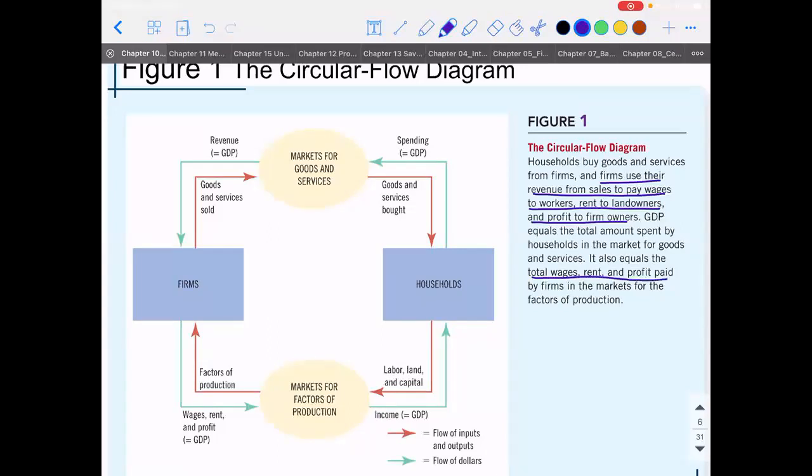Total wages, rent, and profit paid by firms in markets equals what was used by the households to buy the goods and services.